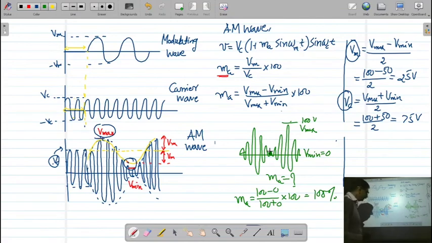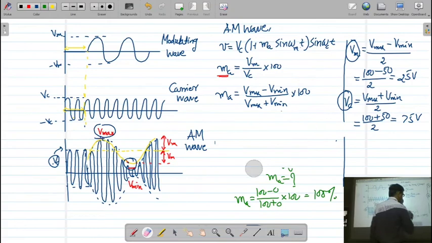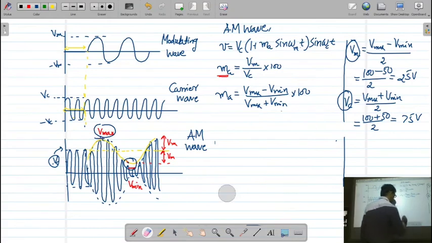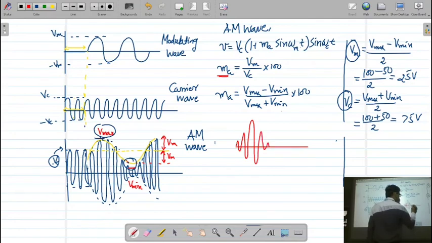Now if you look at this third waveform, then suppose the amplitude modulated wave is like this.